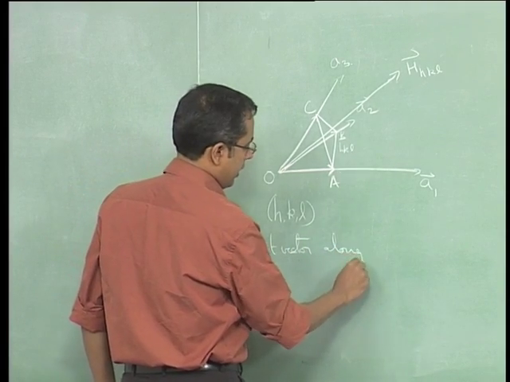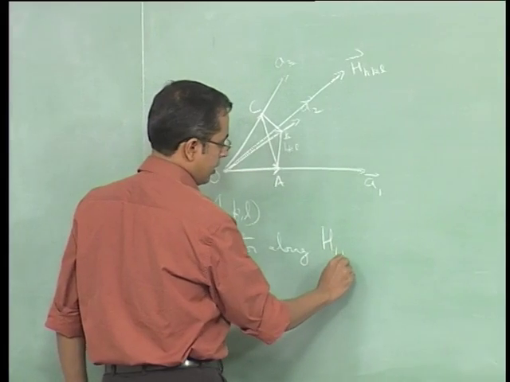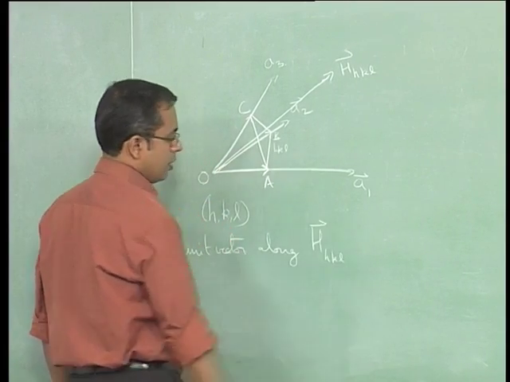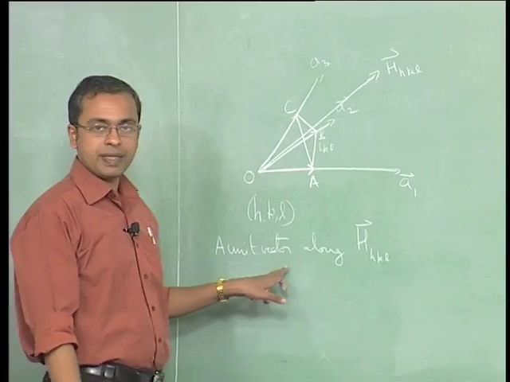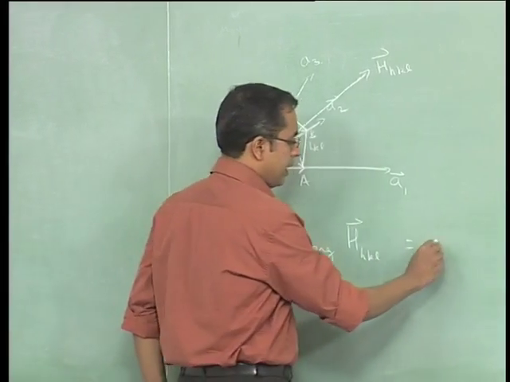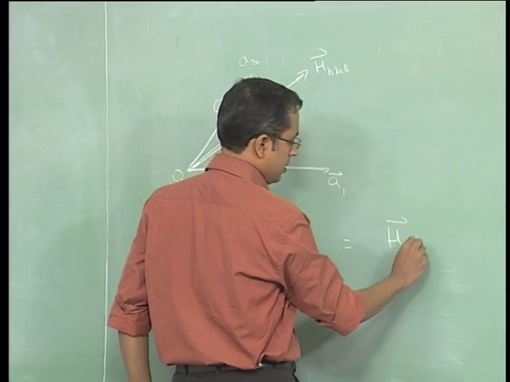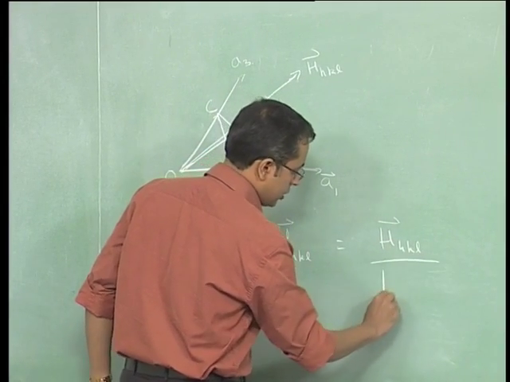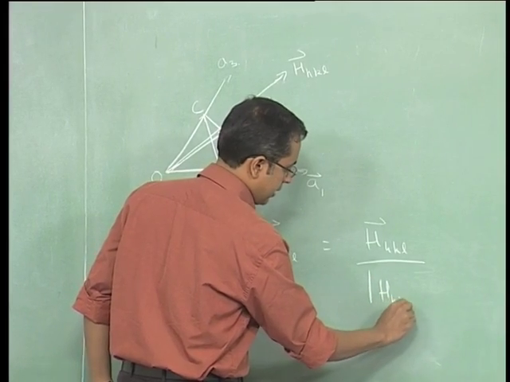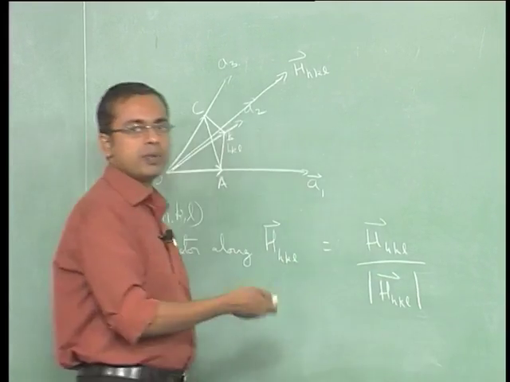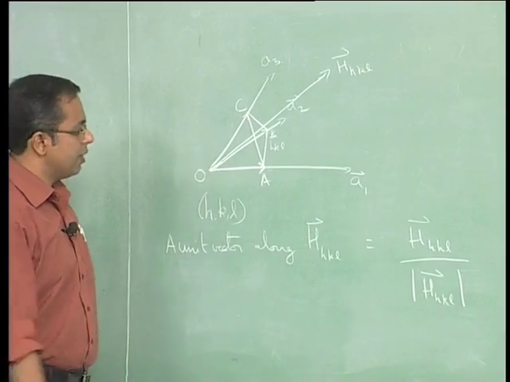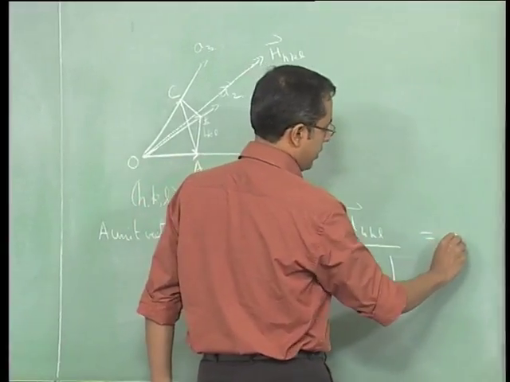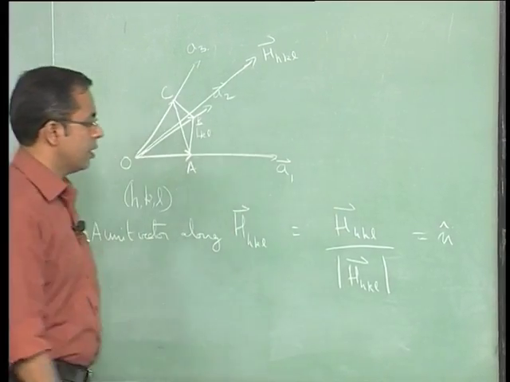Let us first define a unit vector along HHKL, that is simply HHKL divided by the modulus of HHKL. We will just call this n cap.